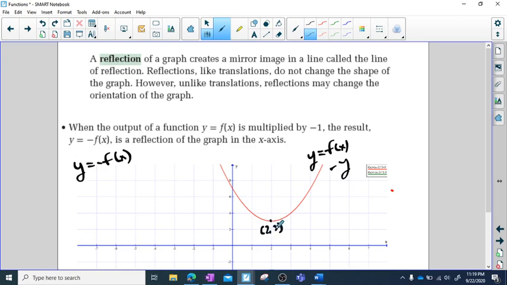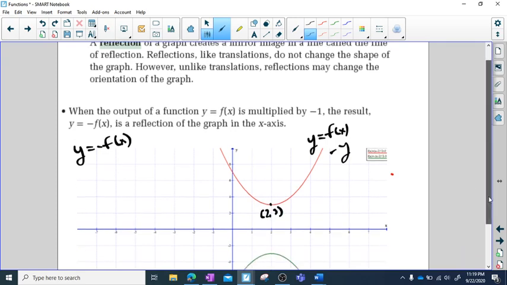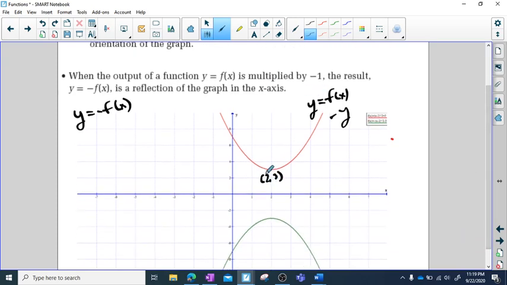If you take the negative of that y value, don't change the x, leave it the way it is, that would make it become -3. So this point would switch down here and go from (2, 3) to (2, -3). This point right here is still x is 2, but now the y value is -3.